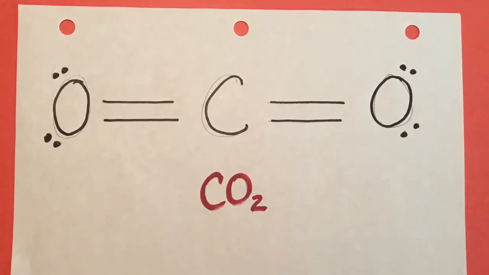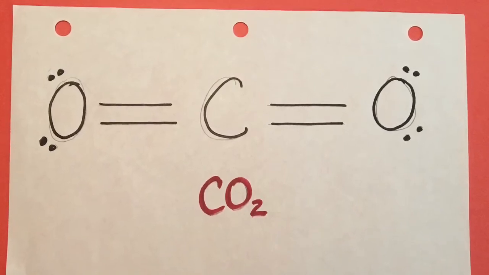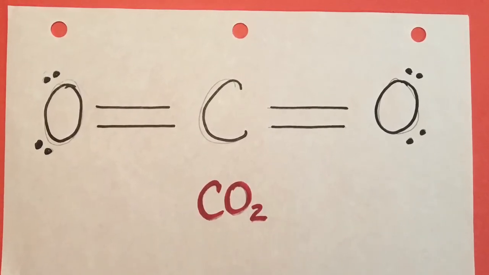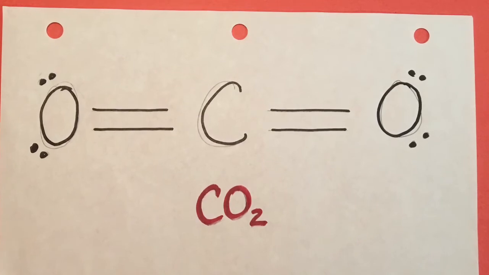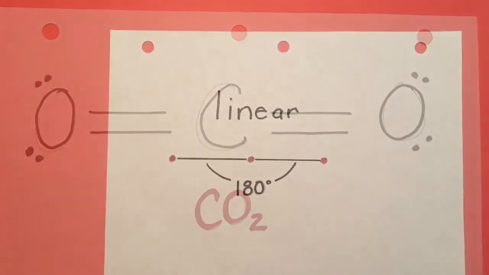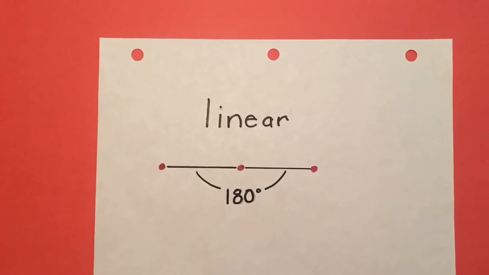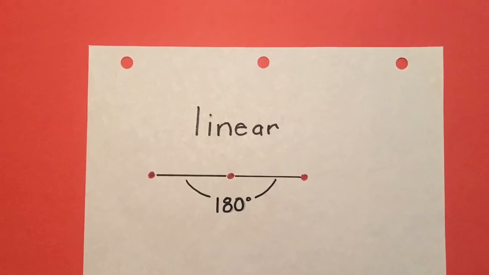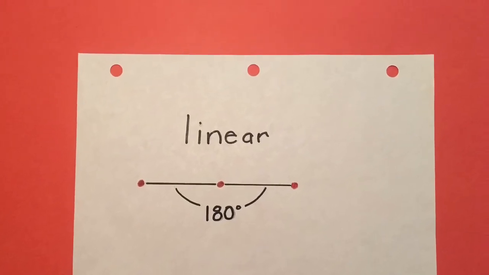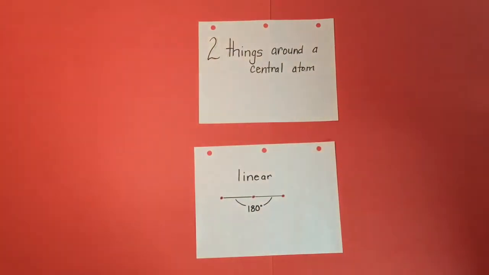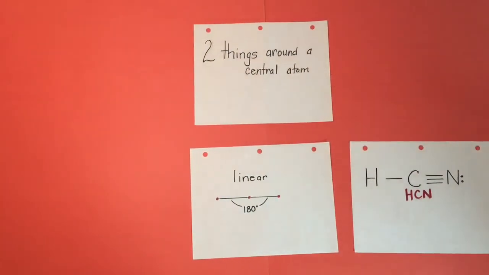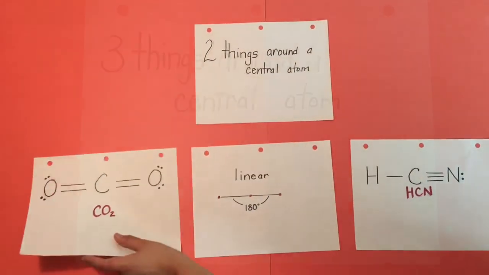The force of repulsion between these electrons is minimized when the 2 C=O double bonds are placed on opposite sides of the carbon atom. The VSEPR theory therefore predicts that CO2 will be a linear molecule just like beryllium dichloride, with a bond angle of 180 degrees. Thus, whenever we have two things around a central atom, we have a linear shape with a 180-degree bond angle.